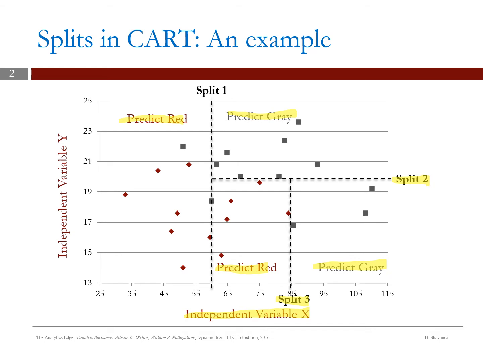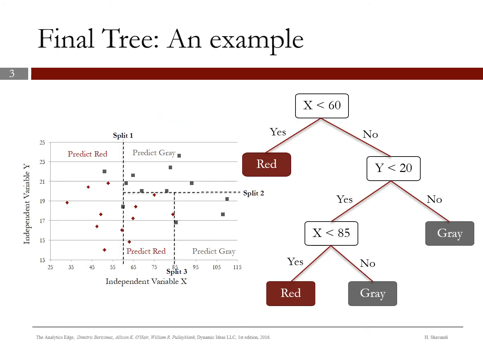Here we have the tree for our example. The first split, or first condition: if x is less than 60, if yes, then we predict red. If no, we have the second split, and it's about the variable y.